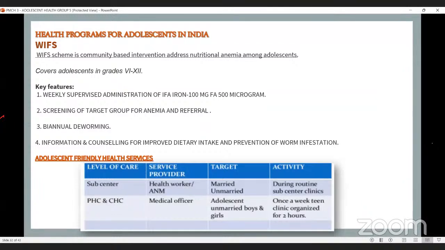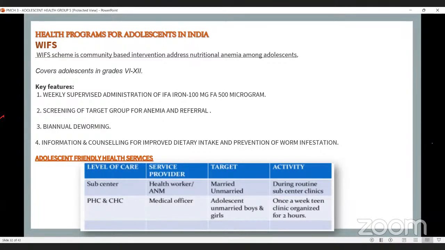This comprised students in the grades of 6 to 9, and this addressed nutritional anemia among students. The key features of this scheme were weekly supervised administration of IFA iron 100 mg and folic acid of 500 microgram, screening of target group for anemia and referral, biannual deworming, information and counseling for improved dietary intake and prevention of worm infestation.